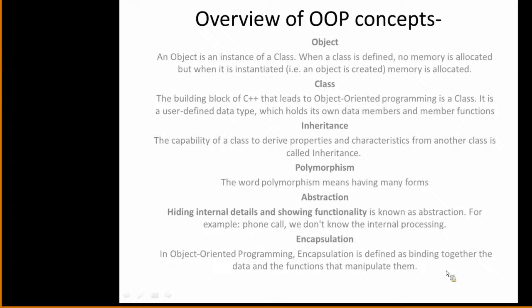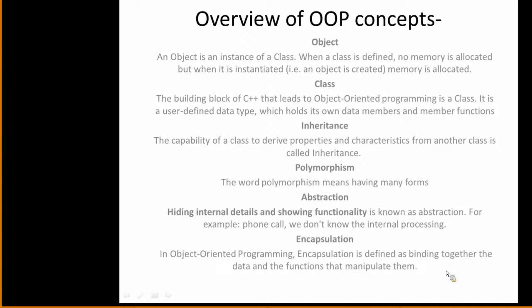I can say that if a function has n number of different arguments, there are different kinds of polymorphism. We'll be discussing that in the second unit.